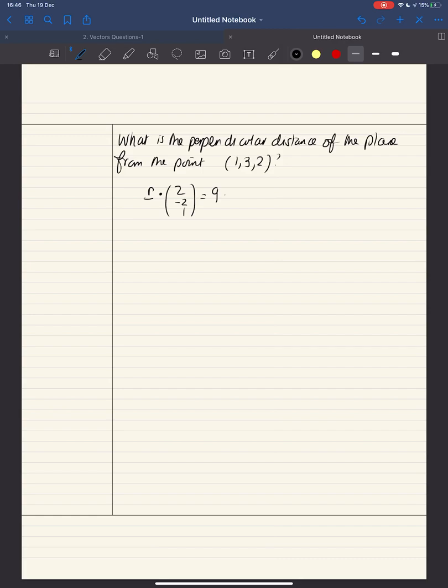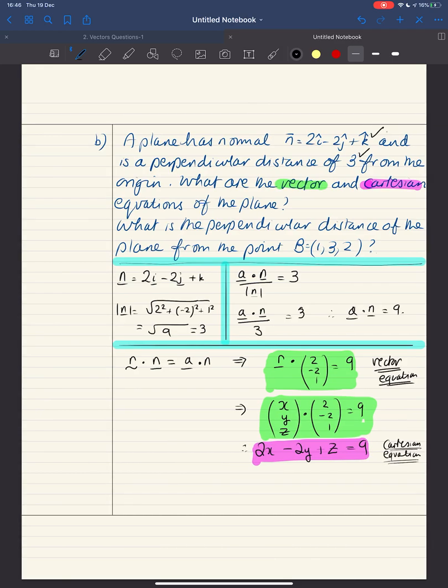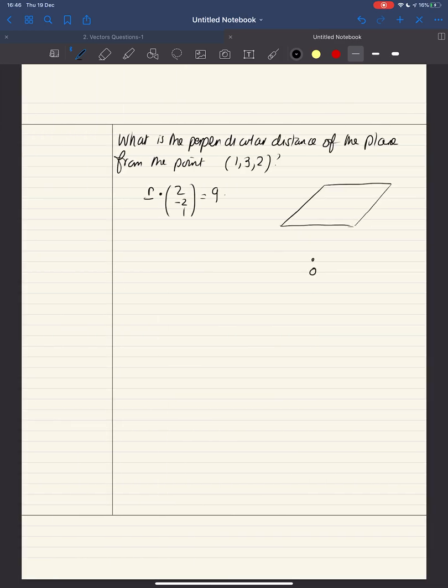What is the perpendicular distance of the plane from the point (1, 3, 2)? Just thinking here, I've done this for a while. Okay, so we've got a plane. The perpendicular distance from the origin is 3. Okay, so where that makes a right angle there, that's 3.